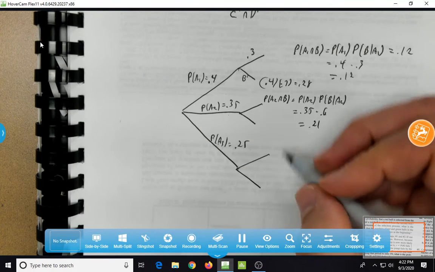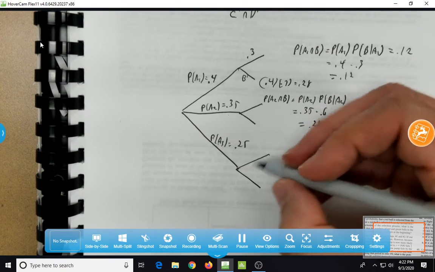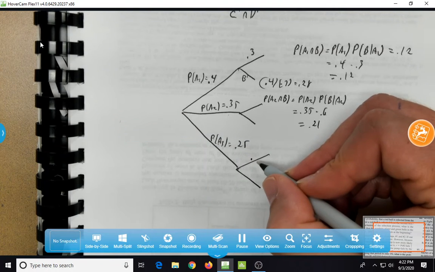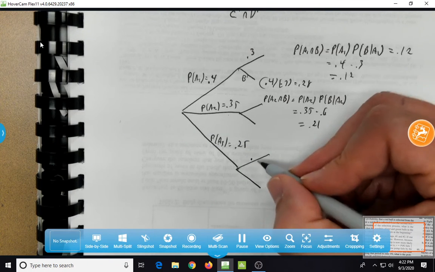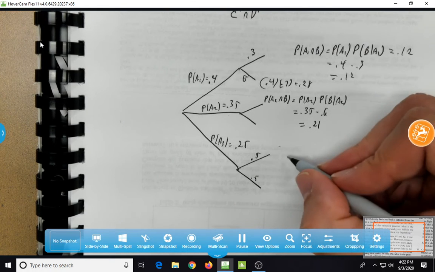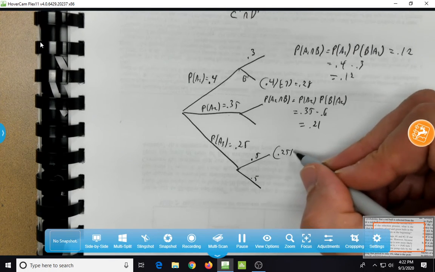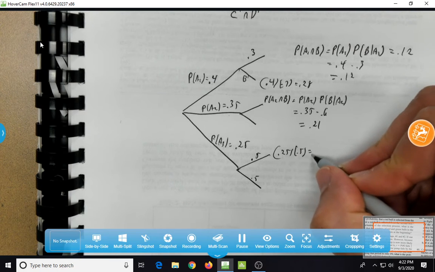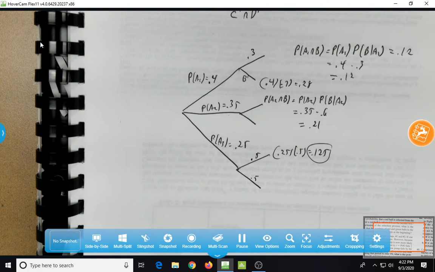And then for this probability, again, we've got a 0.5 chance to go this way for B, 0.5 chance for going to B complement. We'd have 0.25 times 0.5, which would be 0.125.